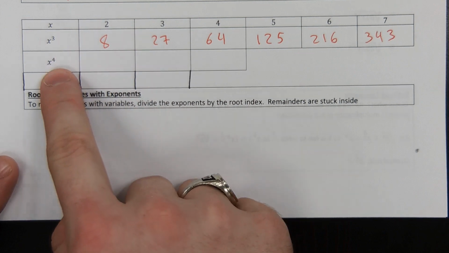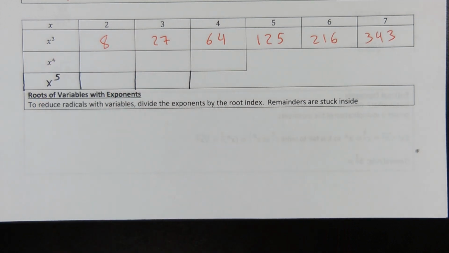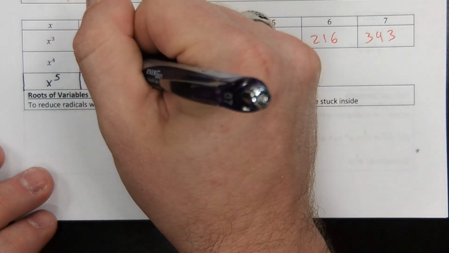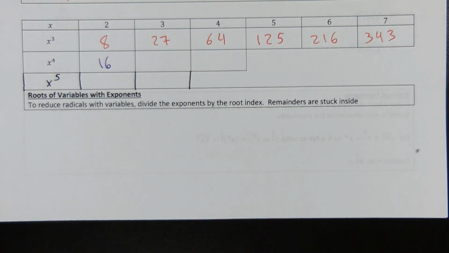How about 2 to the fourth power? It's 16. I like fourth powers. They're fun. The reason why is because, isn't it true that when you multiply 2 numbers with the same base, you just add their exponents?